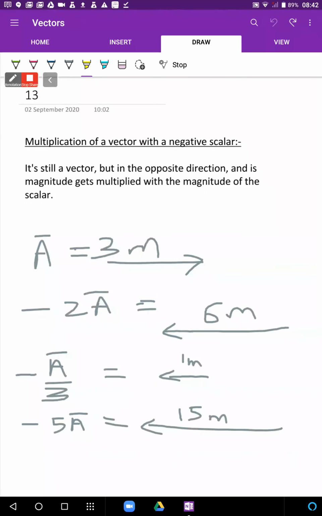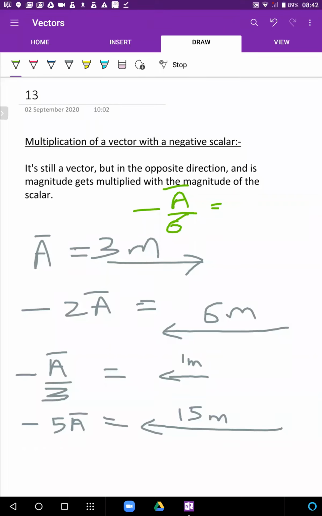Yeah, quite simple. What is minus a bar by 6? Yeah, simple, very nice.